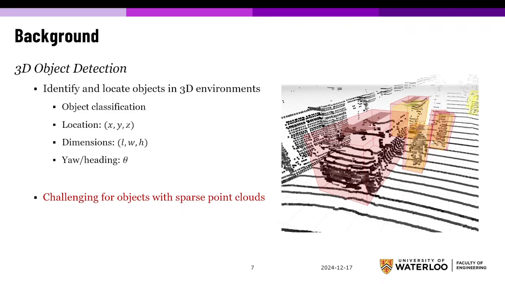Either they're very far away from the LiDAR sensor, or because they're occluded by some other objects. For example, this vehicle behind this truck is partially occluded, and you can see that the shape of the object is kind of not complete, and the point cloud is sparser than the other objects in front of it.